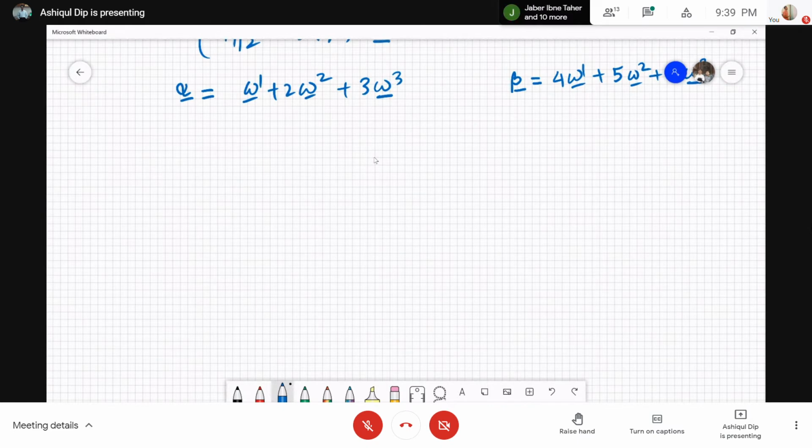We should use the same basis. Yes, those basis systems are the same, and each of the basis elements is independent of the others. That's the point. Here omega 1 wedge omega 2 is not independent of omega 2 wedge omega 1, so you cannot do that. Oh, okay, I get it. Thank you.